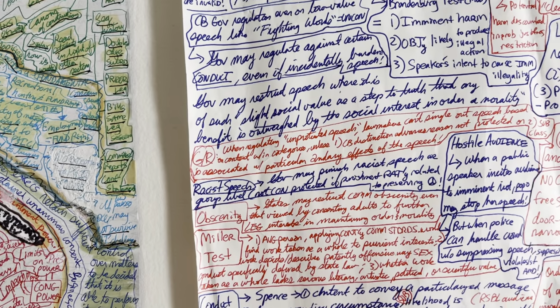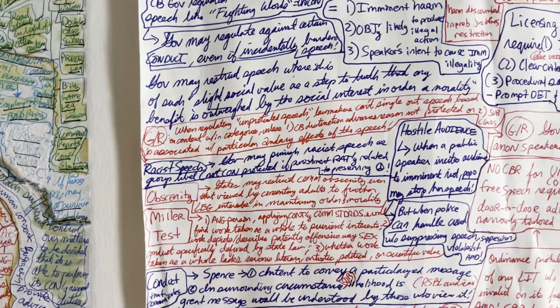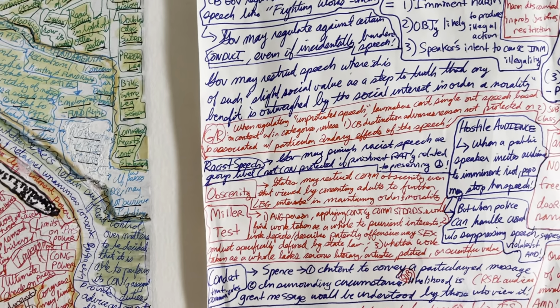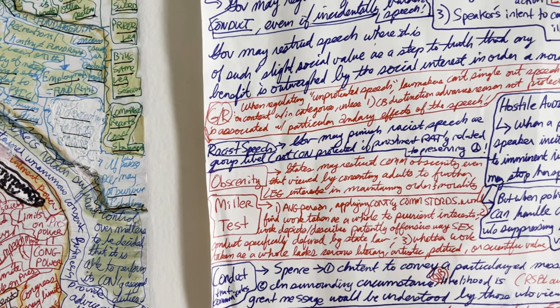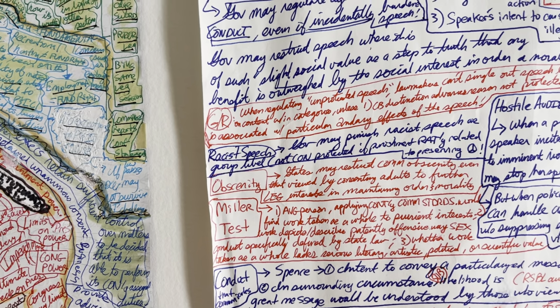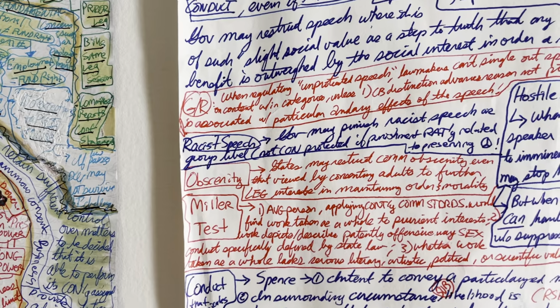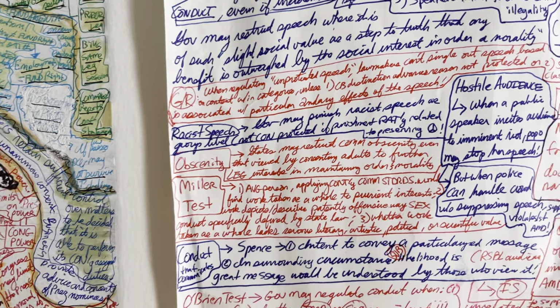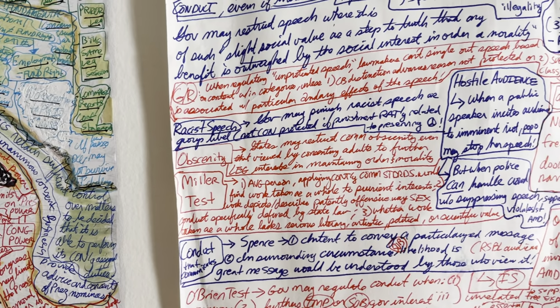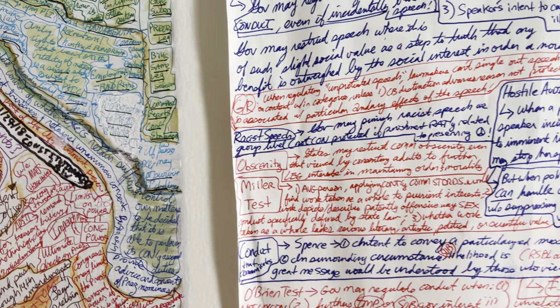Remember that when regulating unprotected speech, lawmakers can't single out speech based on the context within categories unless there's a content-based distinction which advances a reason it's not protected, or there's a substantial class associated with particular secondary effects of the speech.